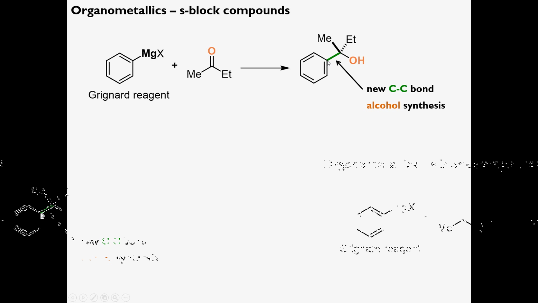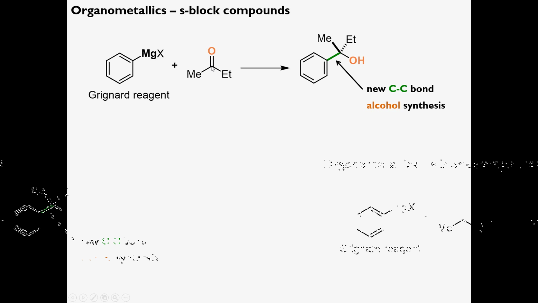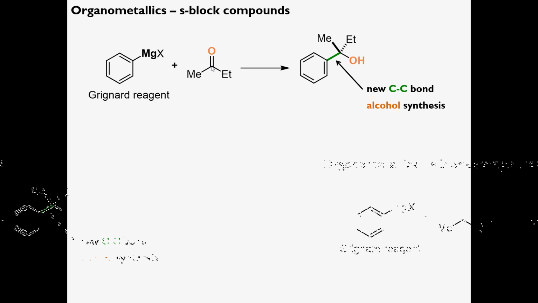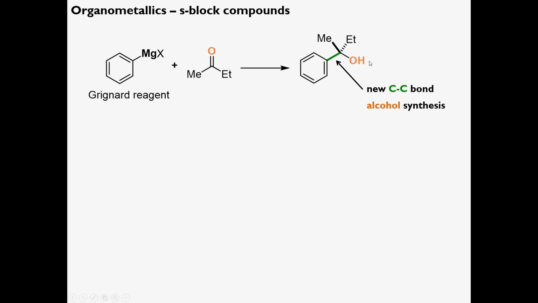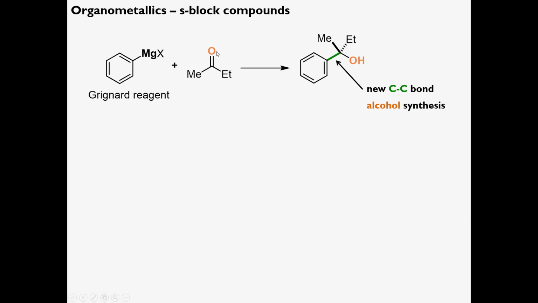First and foremost, probably, a new carbon-carbon bond. We've generated a carbon-carbon bond between this carbon atom and this carbon atom. Whenever we can generate a carbon-carbon bond, that's a good thing. That's a powerful reaction. But what this particular reaction also generated was an alcohol. It converted the carbonyl group of this ketone into an alcohol, and that's got very high utility as well.